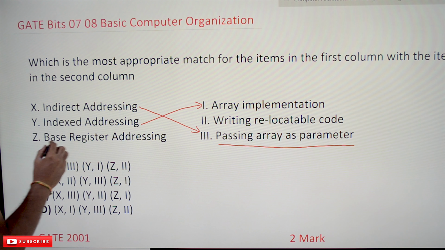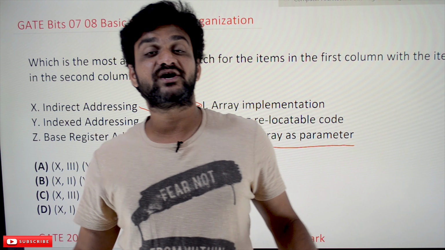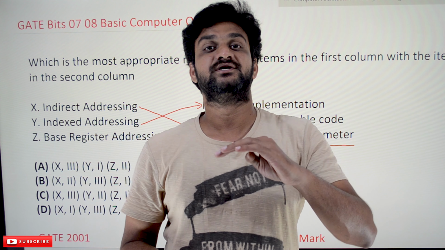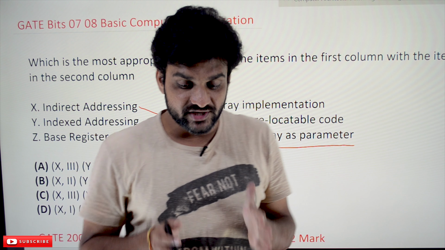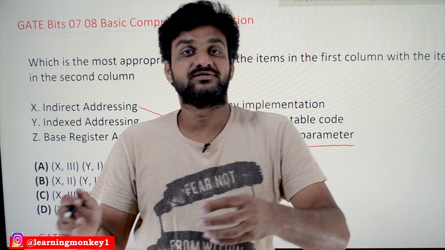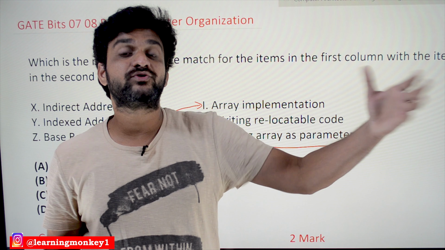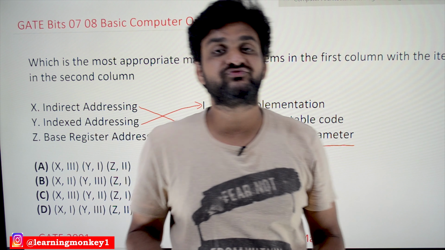And the next one is base register addressing, which is for relocating. The base of the program is stored in the base register. The discussion of why we relocate the program has already been made in the addressing modes video.